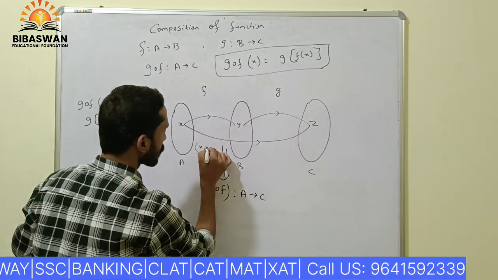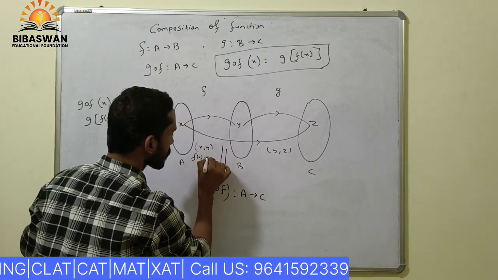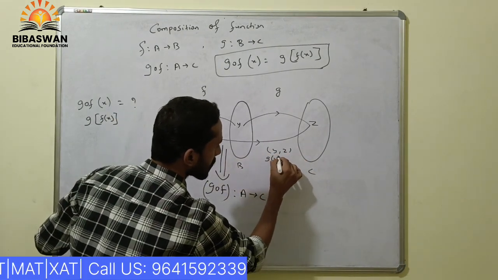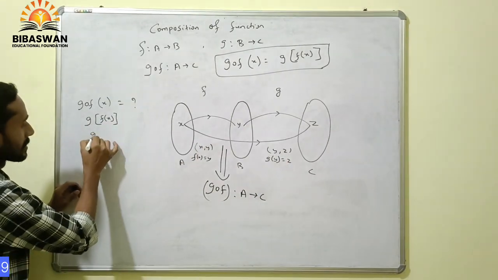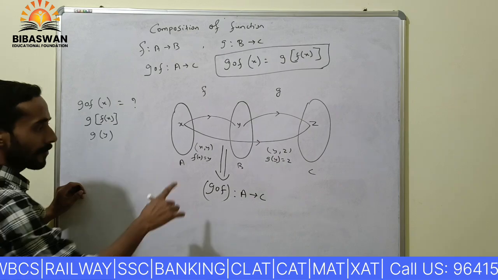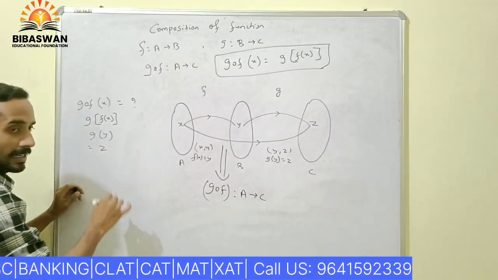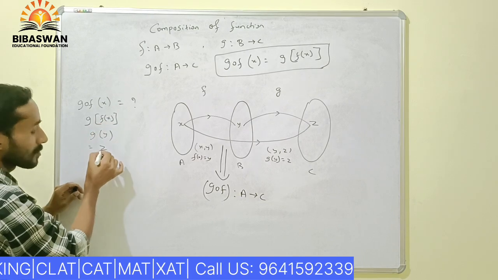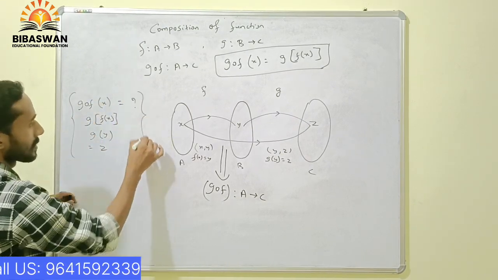So there is x, y and y, z. We can say that f of x is equal to y, and g of y is equal to z. Then connect x to z under which function? g of f.